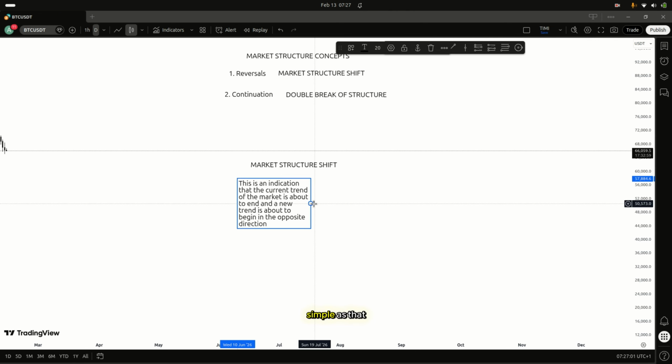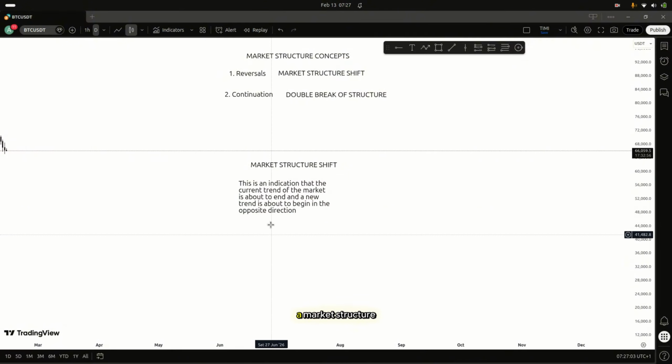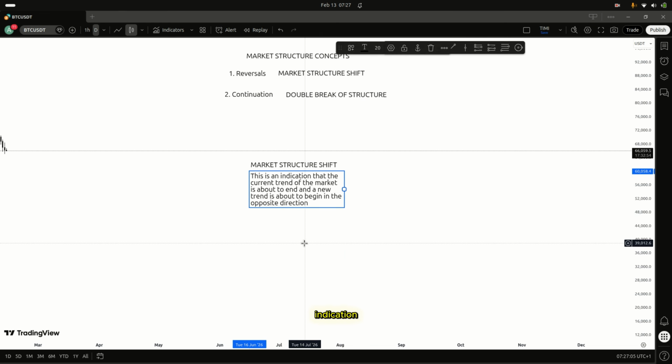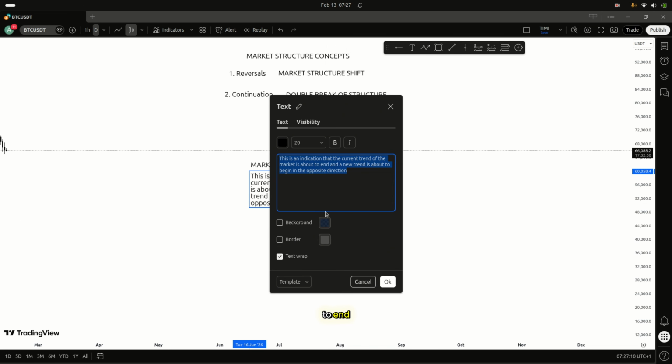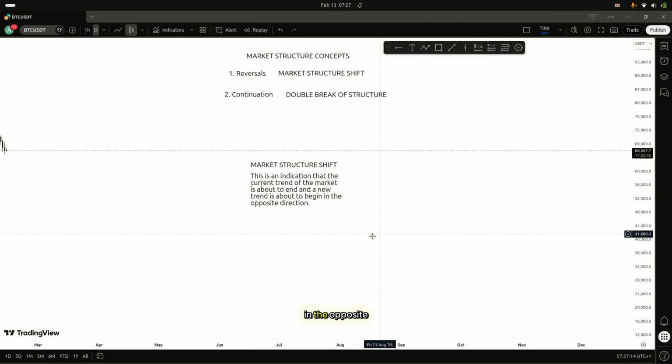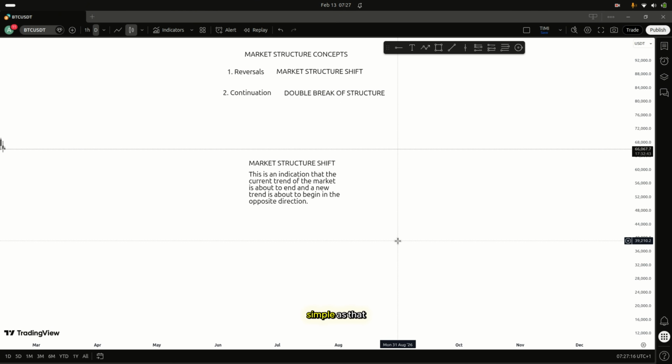It is as simple as that. A market structure shift is an indication that the current trend of the market is about to end and a new trend is about to begin in the opposite direction. It is as simple as that.